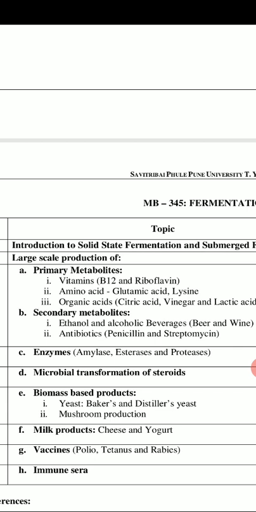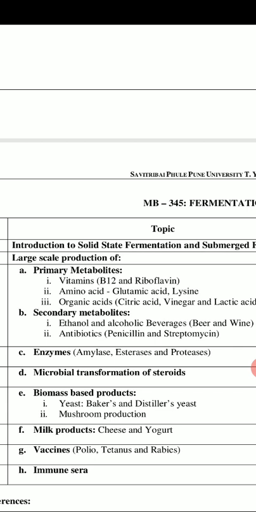This R group is specific to each type of amino acid. There are 21 different types of amino acids, but in your syllabus, we are going to study the production of glutamic acid and lysine in detail.